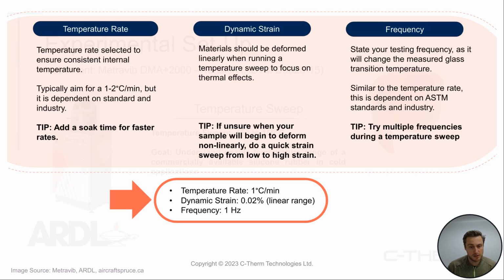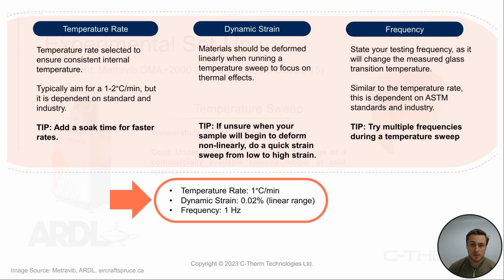So to isolate your analysis to the temperature effect, it's always recommended to do your temperature sweep in the linear region. And if you're ever unsure if you're in the linear or nonlinear range of deformation, you can always do a quick strain sweep at the start of your test. It takes a couple of minutes, and it can save you a vital amount of time compared to finding that out in a temperature sweep, which usually takes anywhere between an hour to multiple hours, depending on the temperature range you're doing.